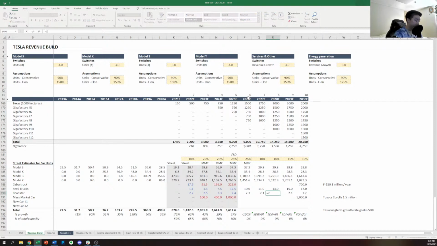I hope this is interesting to everyone on the stream and everyone who watches this in the future, because we didn't even get anywhere close to really valuing Tesla. We're still stuck on revenue build, which is the most important part, but I wish this could be faster. It could actually be a lot faster if I'm just more careless and randomly put really aggressive figures, which we might need to do pretty soon to get to 20 million.